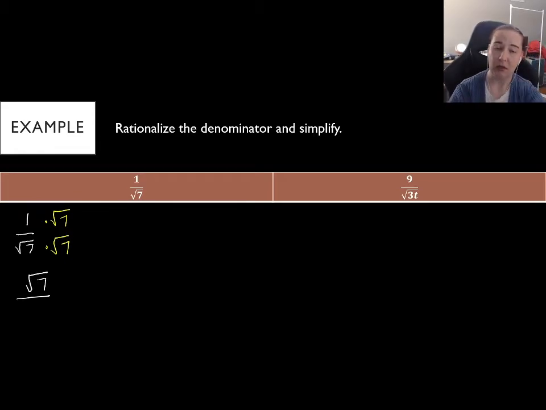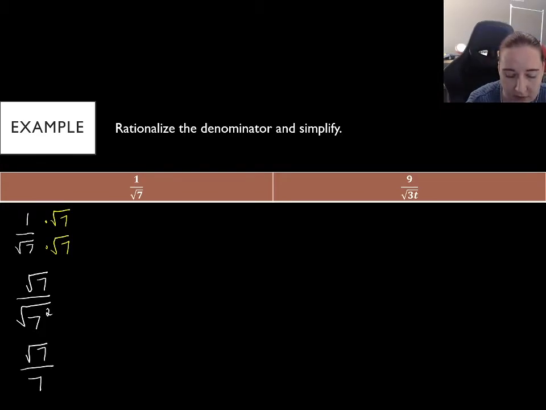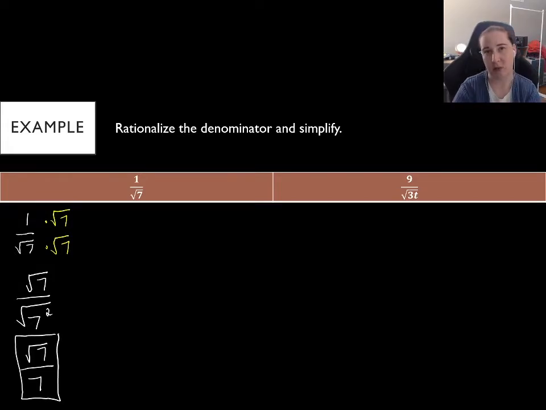In the denominator, the square root of 7 times the square root of 7 is the square root of 7 squared, or you can do 7 times 7, which is 49. And that square root and the square cancel. That's why we're doing this. And so you end up with the square root of 7 over 7. And that is rationalized and simplified because we can't cancel anything out.